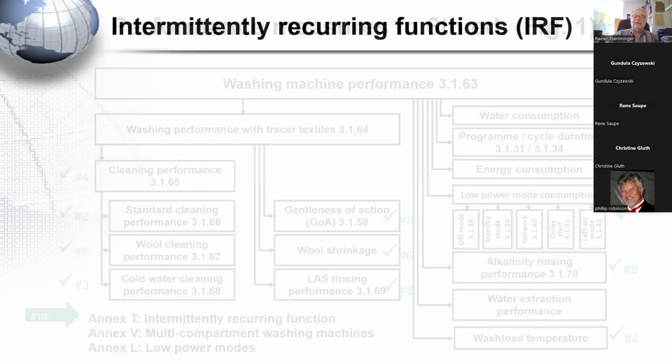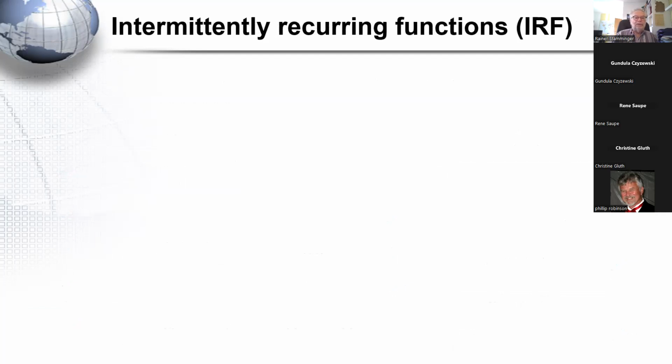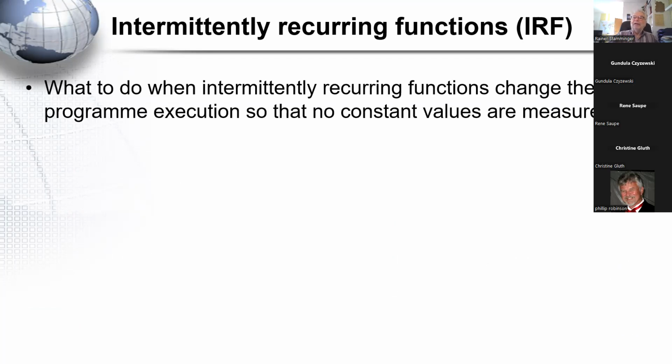And the first function I want to talk to you about is the intermittently recurring function. It's a strange name, at least I think for most of you, as it was not used before in the standard. What is it? These are functions which are intermittently recurring.